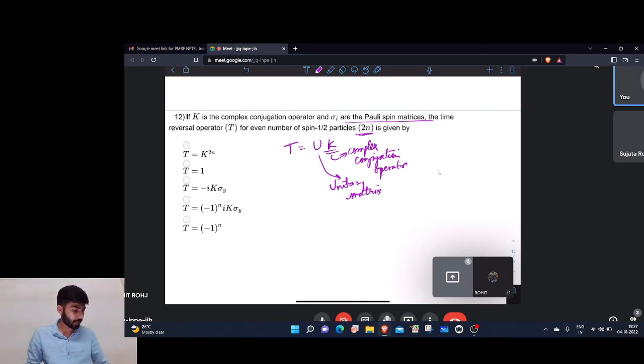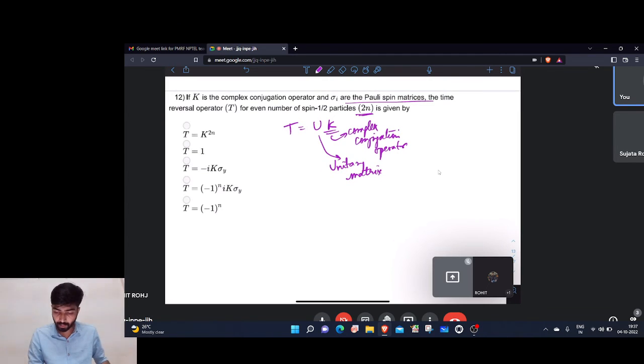Now one can try to approach this problem as follows. The time reversal operator in case of Pauli spin matrices, which are these unitary matrices, can be written as T is minus i K, that is the complex conjugation operator, and sigma Y, the Pauli spin matrix along the Y direction.